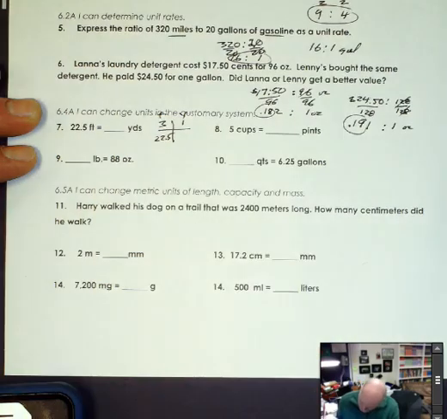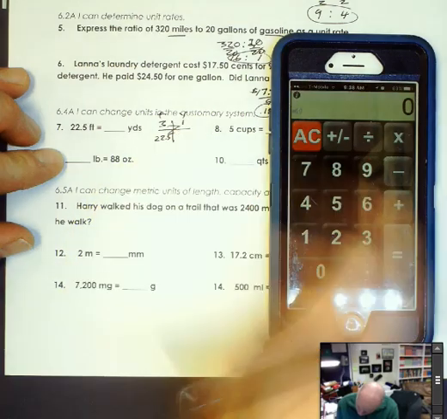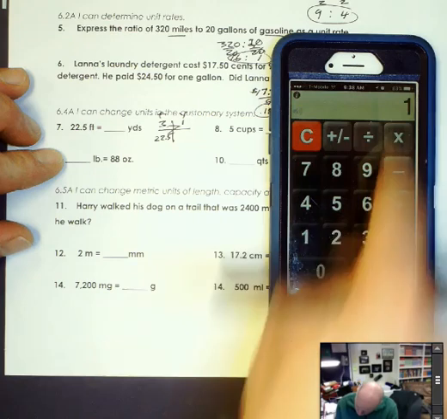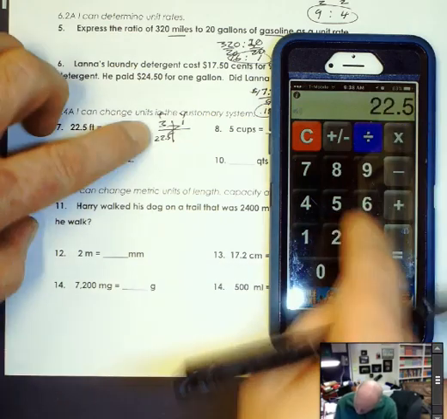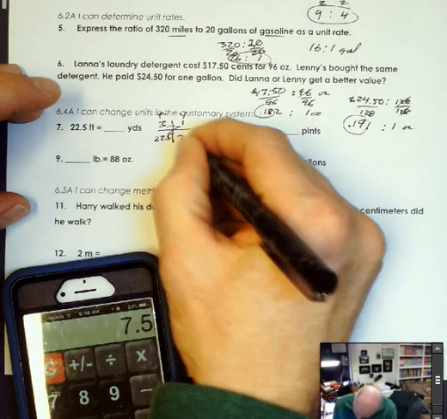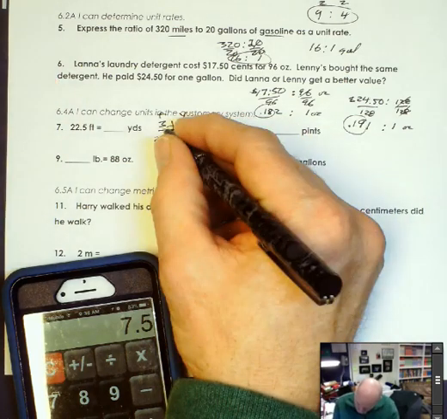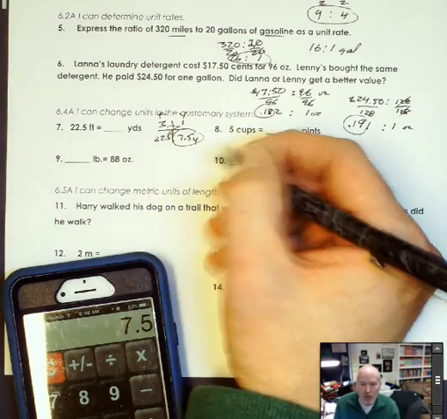So I am going to do my little multiply diagonal and then divide. I'm going to take 22.5 times 1, which of course is 22.5, and then I will divide that by the 3, and I've got 7.5 yards. Yeah, and that makes sense. 3 feet in 1 yard, 22.5 feet would be 7.5 yards.